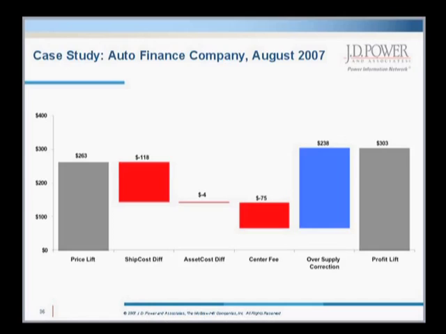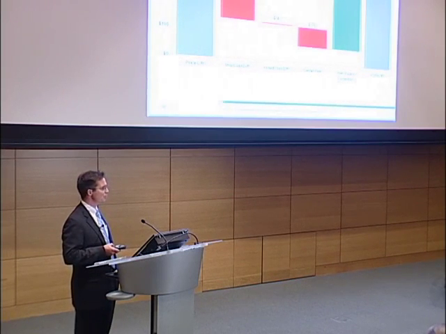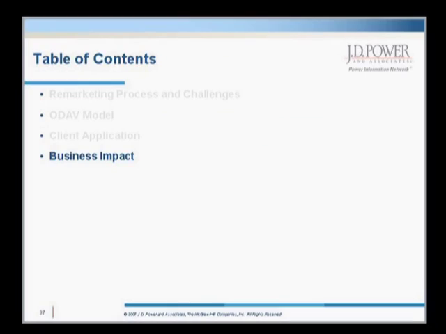And then we add back in what's called here the oversupply correction, which is the effect of the local supply and demand elasticity. So by taking these vehicles out of one auction, the prices there go up. And this effect was here $238, and then gets us to the total overall net profit lift here of $303 per vehicle. We provide this kind of measurement and performance reporting today on a monthly basis to our clients for all their vehicles.